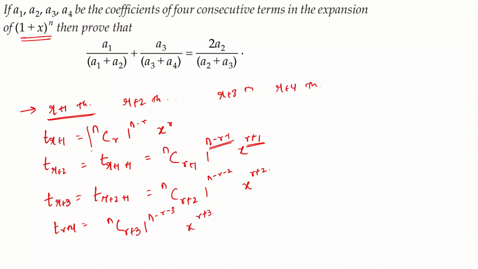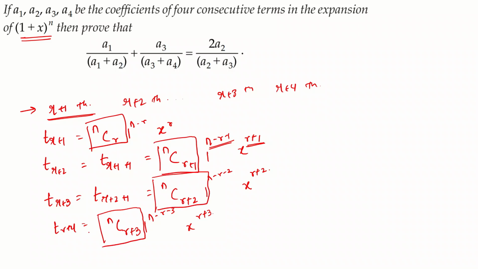So these four, n C r, n C r plus 1, n C r plus 2 and n C r plus 3, are my coefficients, and these are actually A1, A2, A3 and A4, because the question says that A1, A2, A3, A4 are the coefficients, not the terms. So T gives us the term, and the question asks us to find the coefficients.